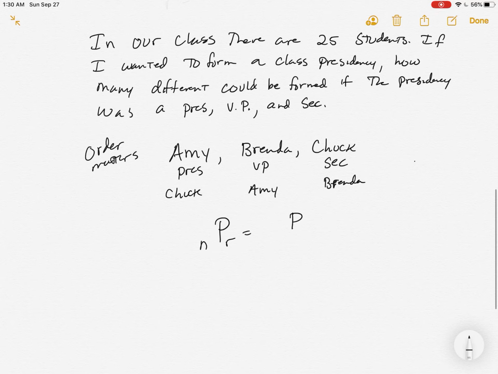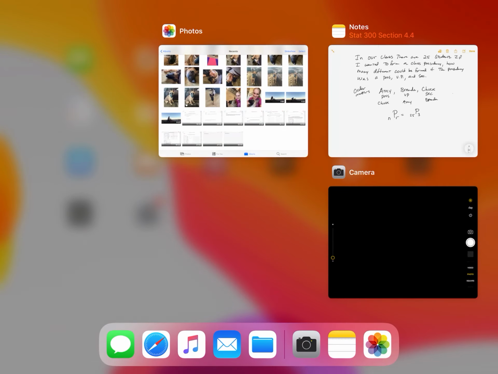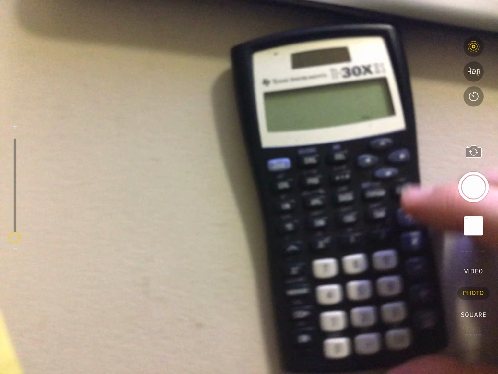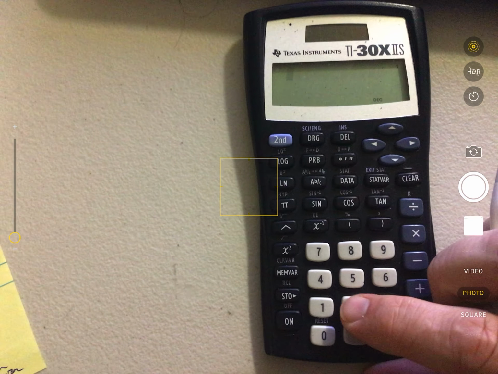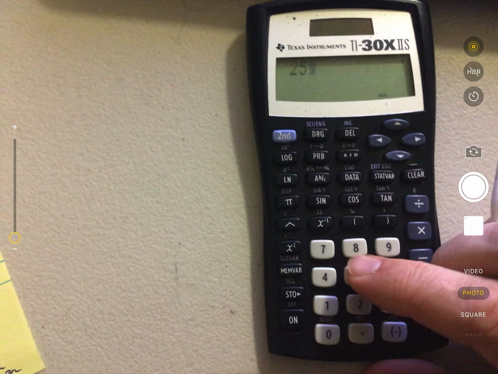So in our case, N is, well, there's 25 students, and I'm selecting 3 of them. And so coming to my calculator, let me clear out what I had, and we'll go back to that calculator. Okay. And so what am I going to do? I'm going to type in 25.